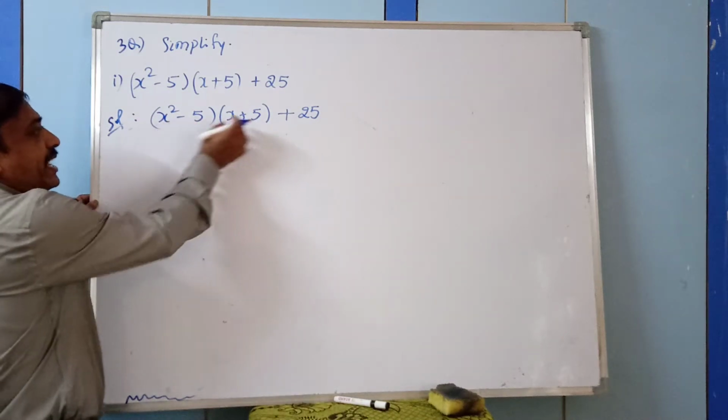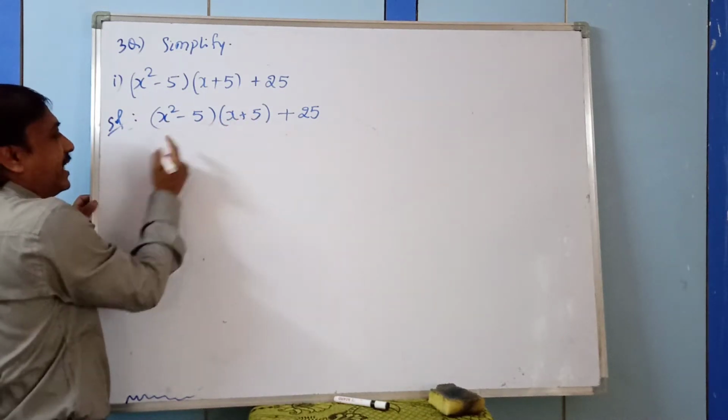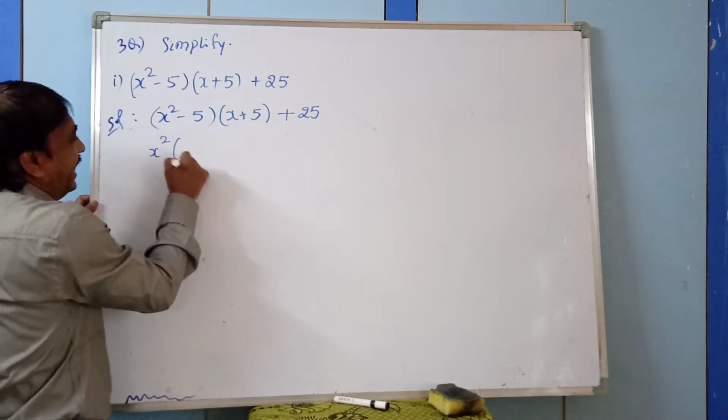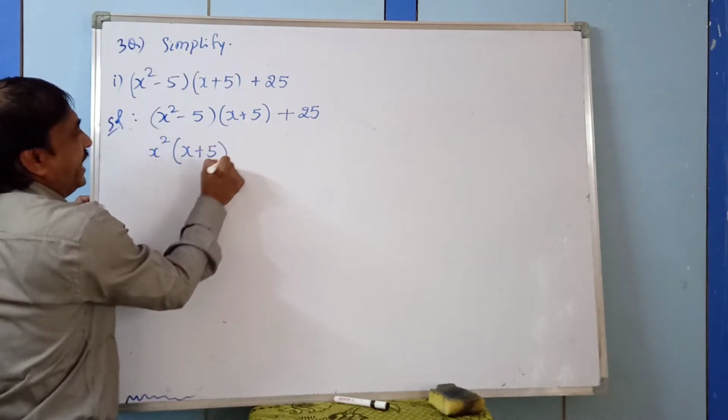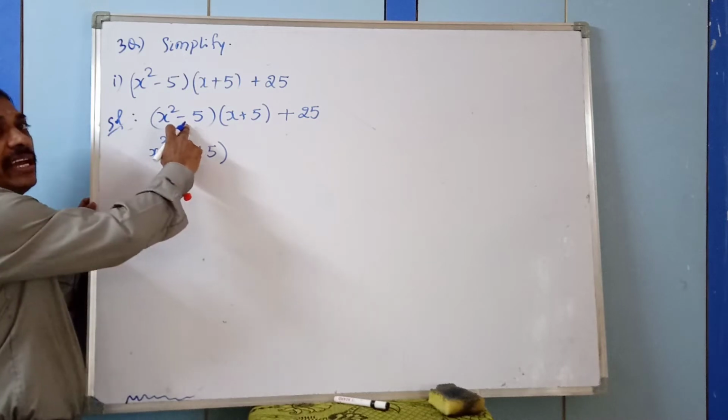Now with x² we need to multiply this complete binomial, that is x² into (x + 5). Then what sign do we have here?